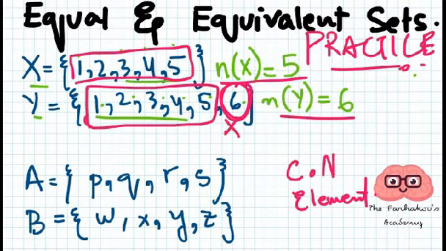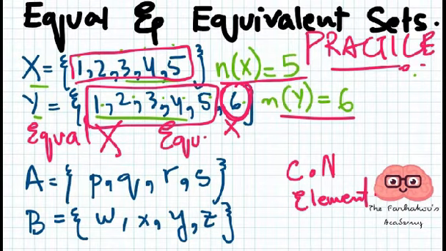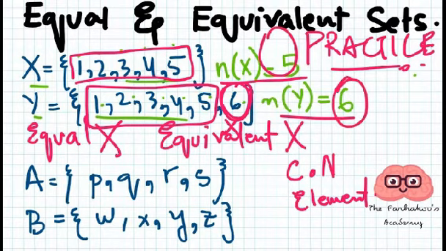They can neither be equivalent nor be equal. So these are not equal sets because their elements are not same. Neither are they equivalent sets, because for equal or equivalent, the cardinal number has to be same. So here the cardinal number is different, so it's not the case.